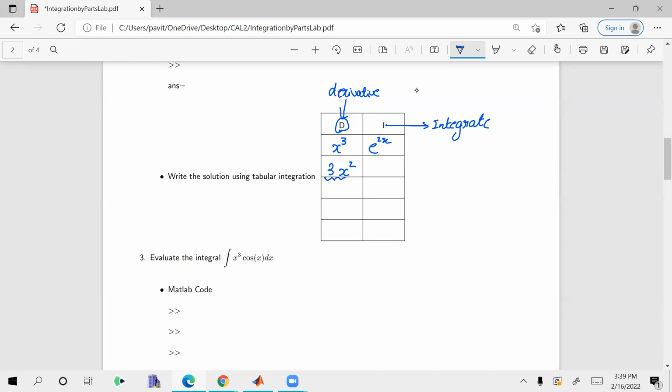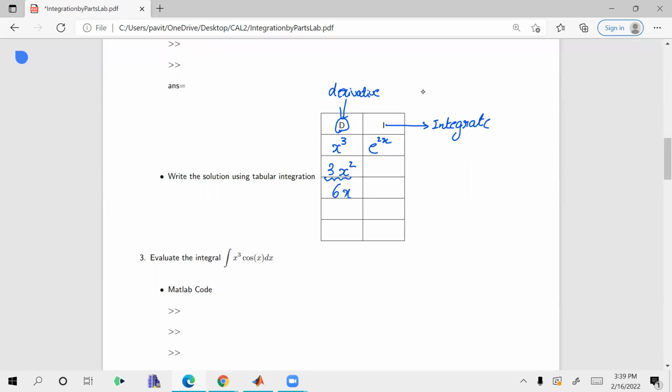So you derive this function, so this will be 6x, and then 6, and the derivative of a constant is 0. So you'll get 6 here, 0 here.